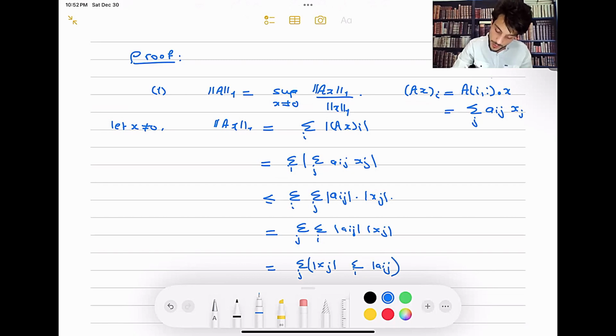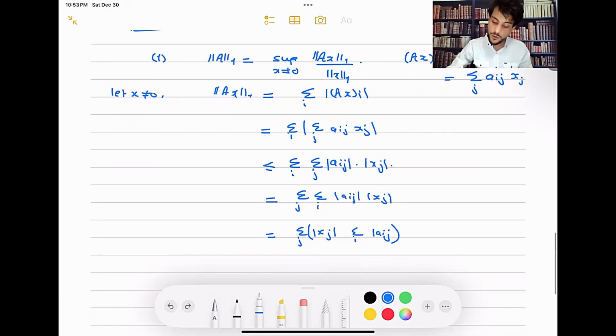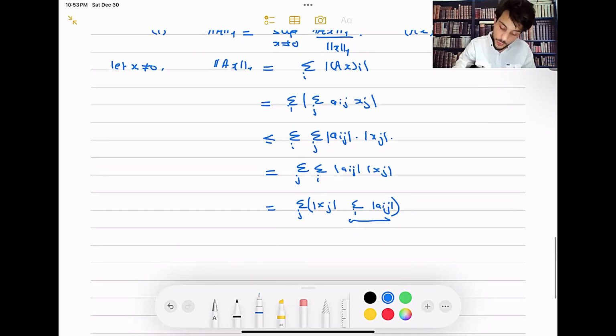However, the outer sum is summing these things. These are the summands. So there is this ugly term that we want to get rid of. To do that, we're going to upper bound this by the maximum of all of these such entries. So what we're going to do is the following.